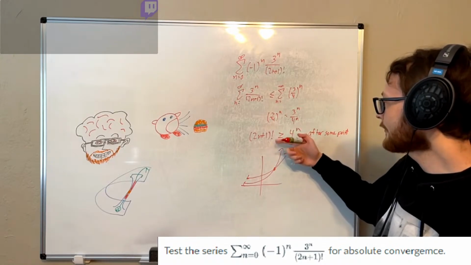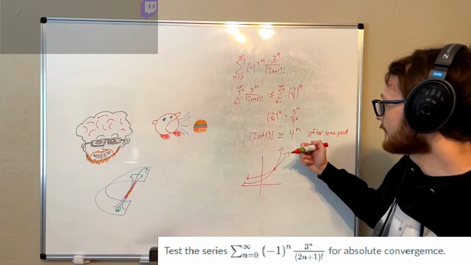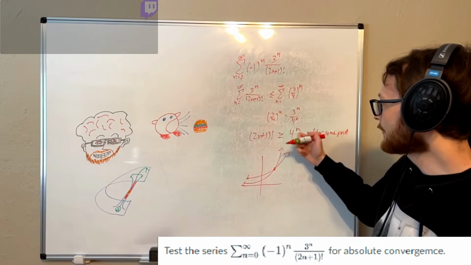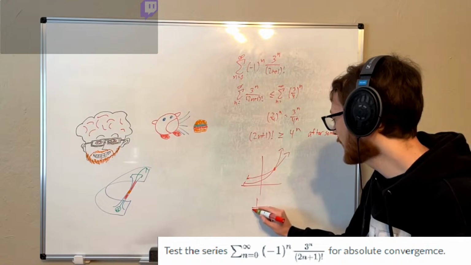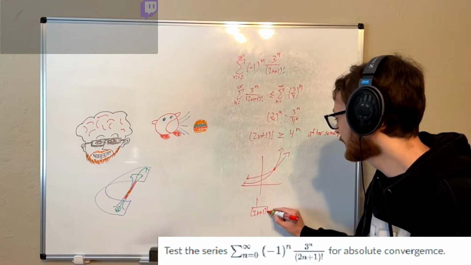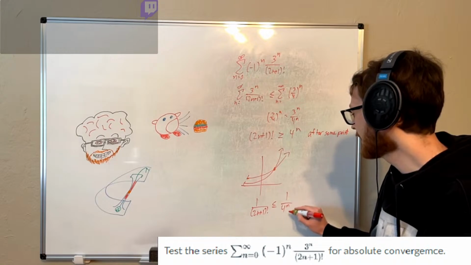So if you take this and flip it, so that way it's more related to the problem that we have, 1 over 2n plus 1 factorial, you flip the inequality over 4 to the n.